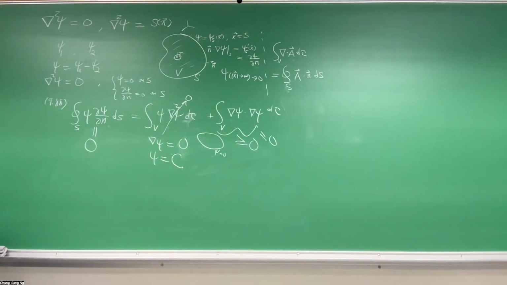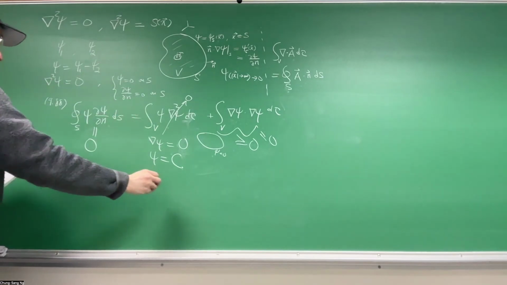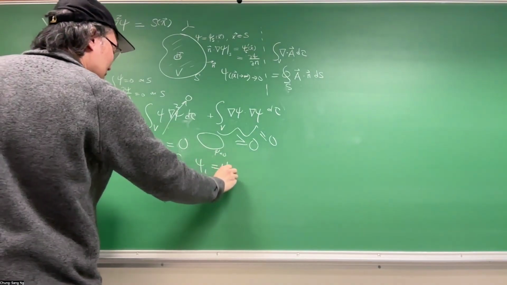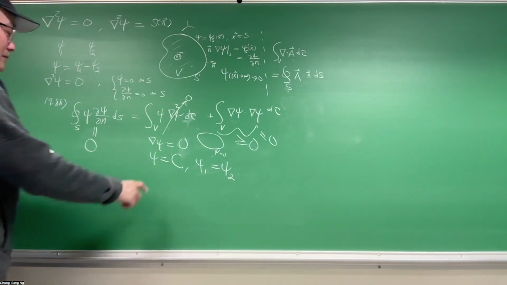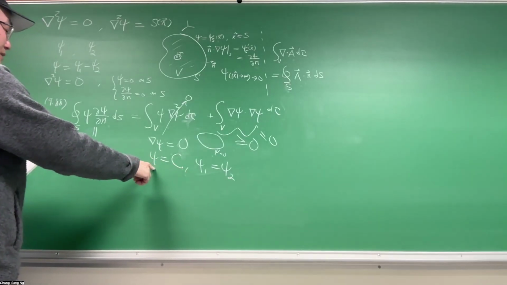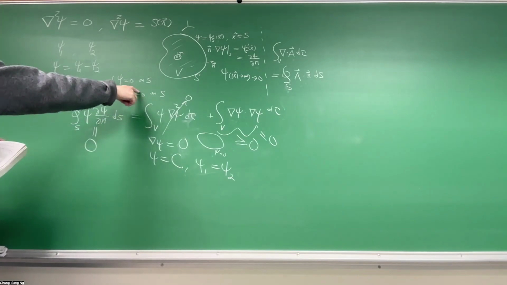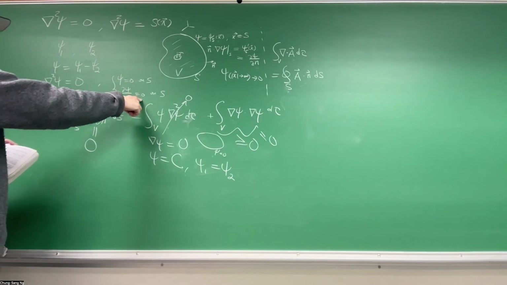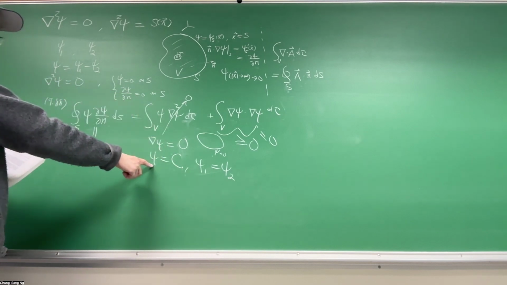So going back to here, that implies for Dirichlet, psi 1 equals psi 2. But for Neumann, it's not that, because psi being a nonzero constant is also acceptable, since Neumann just specifies partial psi partial n is zero, and if psi is just a constant, that's still zero.